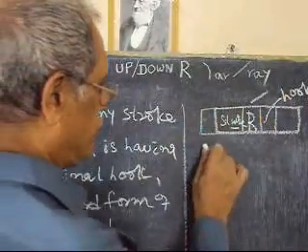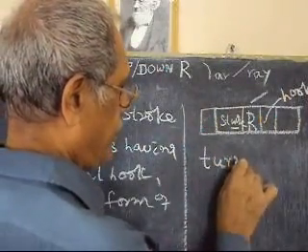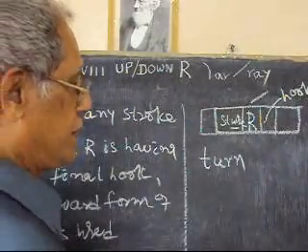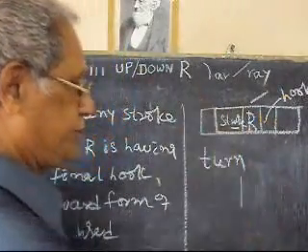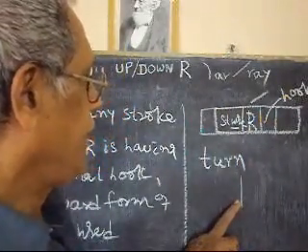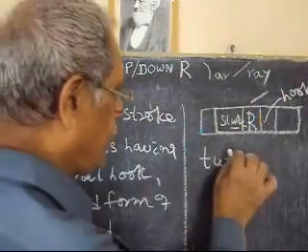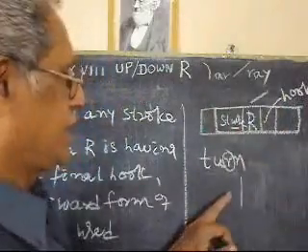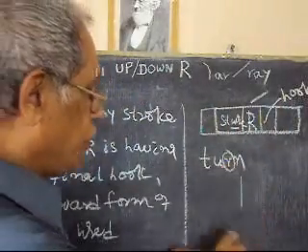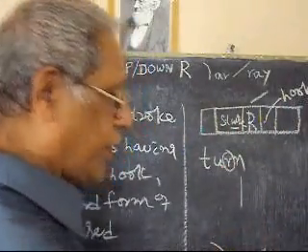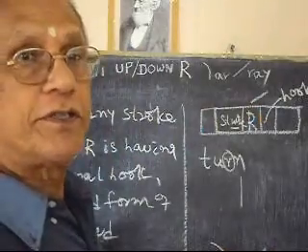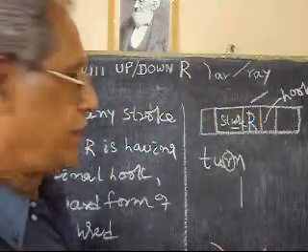Okay, suppose, turn. So T is there. Next, what is the consonant? R. So, R is there. Now, downward or upward? Which form should be used? That is the question.